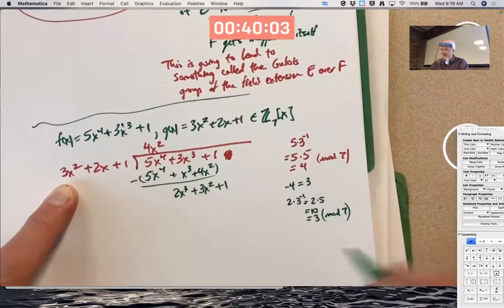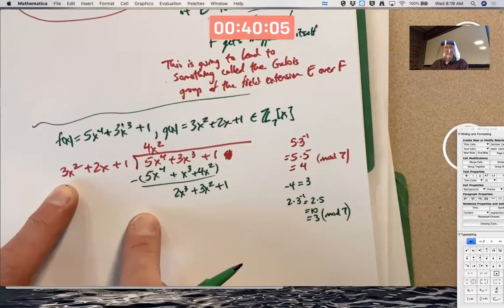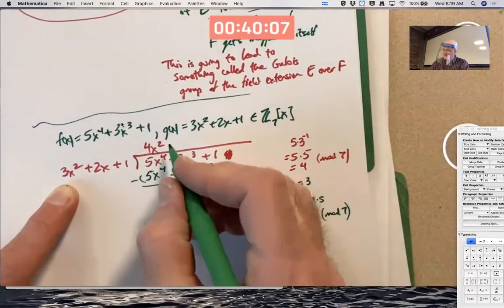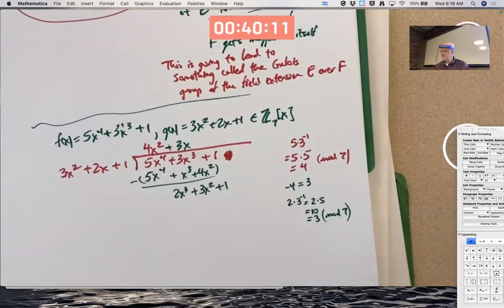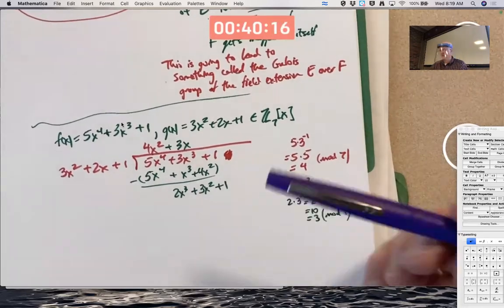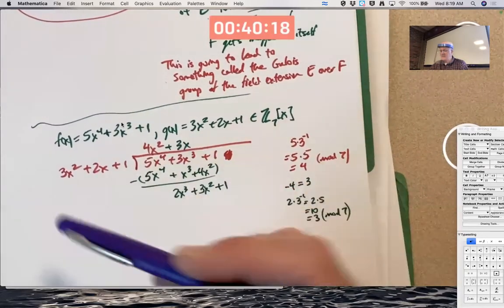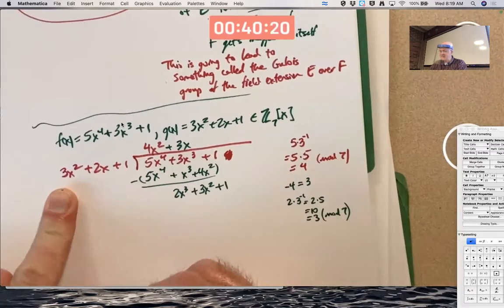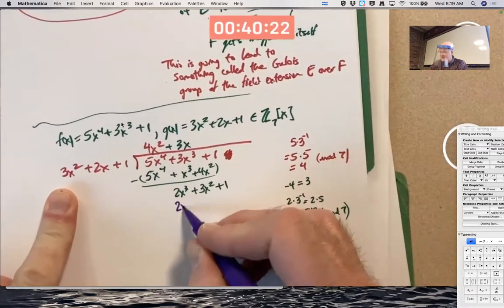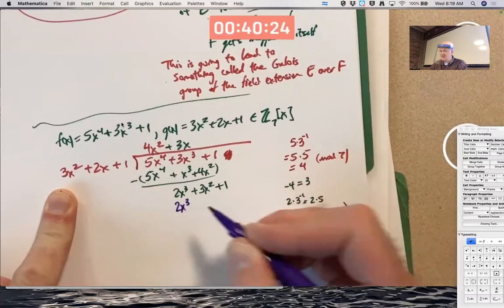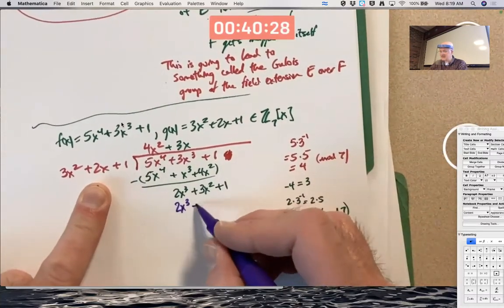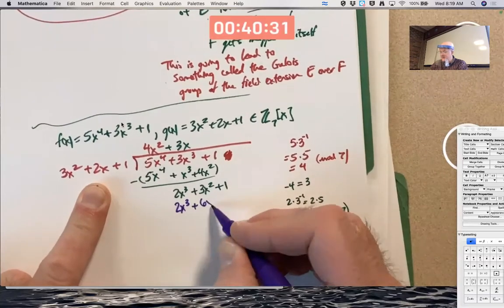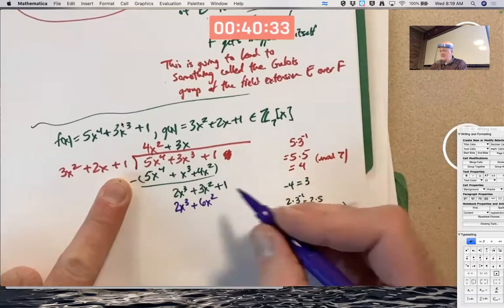Yeah, so 3 times 3 is 9, mod 7 is 2. This is going to be 3x. Now multiply it times each term. Again, 3 times 3 is 9. Mod 7 is 2. x squared times x is x cubed. 3x times 2x is 6x squared. Mod 7 is still 6x squared. And 3x times 1 is 3x.